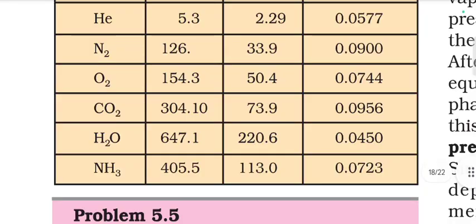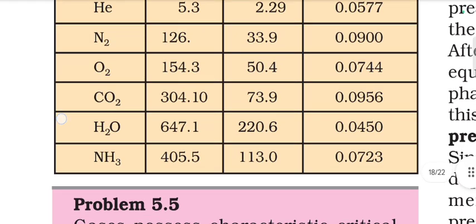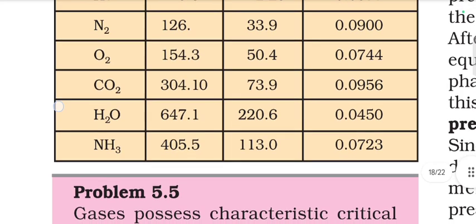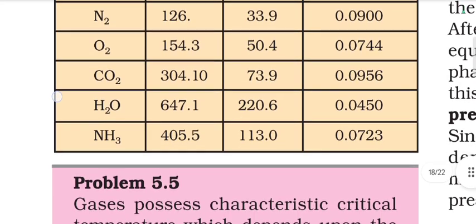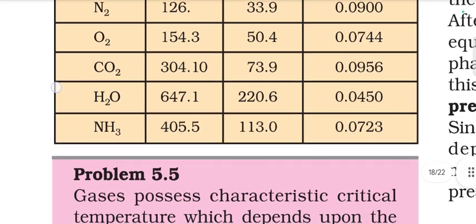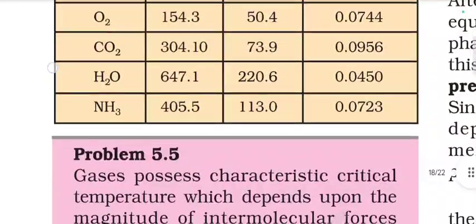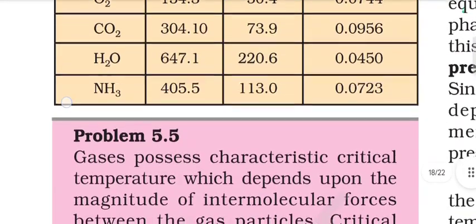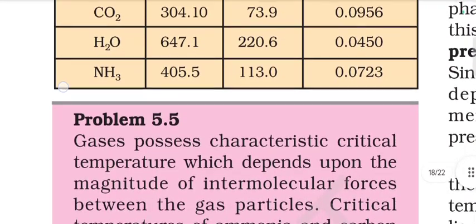O2: 154.3, 50.4, 0.0744. CO2: 304.10, 73.9, 0.0956. H2O: 647.1, 220.6, 0.0450. NH3: 405.5, 113.0, 0.0723.